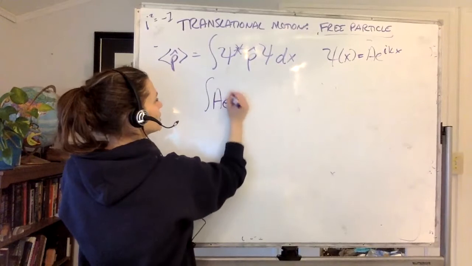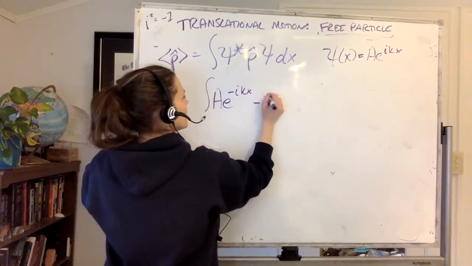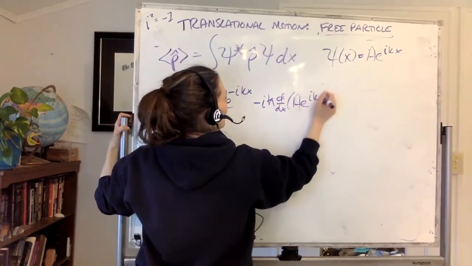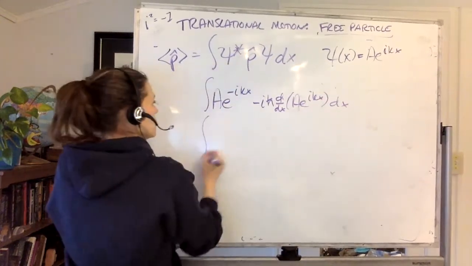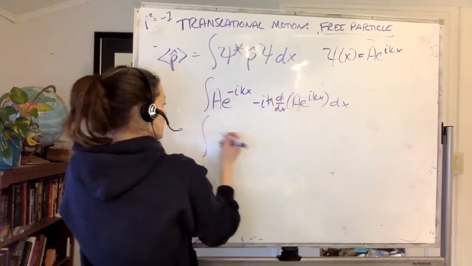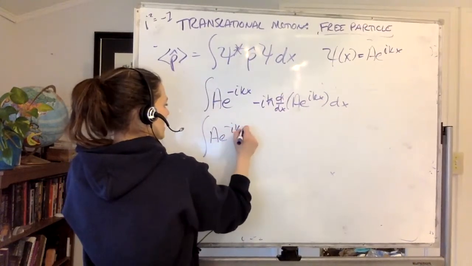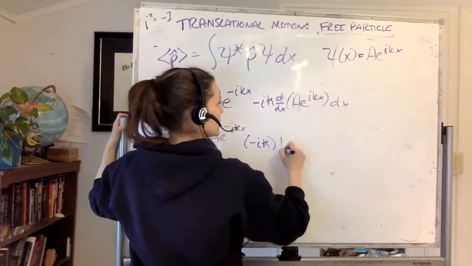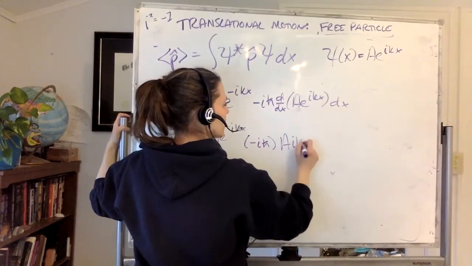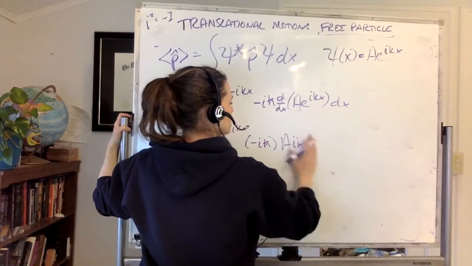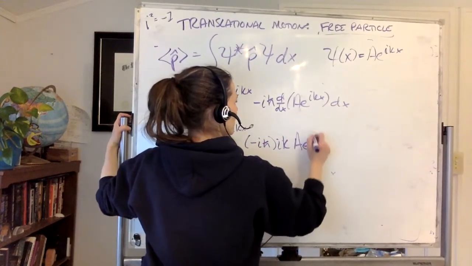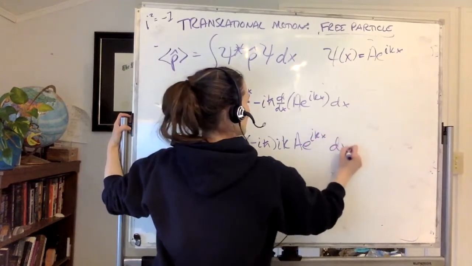So I get a e to the minus i kx times minus i h bar d dx, a e to the i kx dx. Same thing, I'm going to take the derivative again: a e to the minus i kx times minus i h bar. The derivative here is a times ik. Actually, I'm going to put ik times a e to the i kx dx.